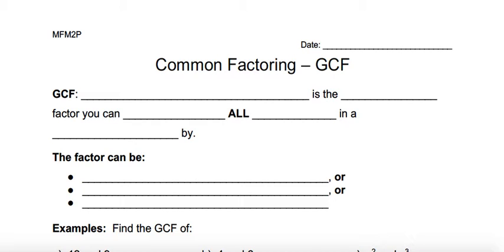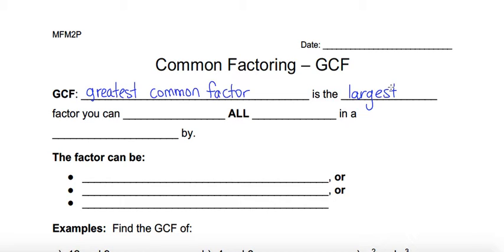Factoring, or GCF. GCF is an acronym we give to the greatest common factor. The greatest common factor is the largest factor that you can divide evenly into every single term within that polynomial.